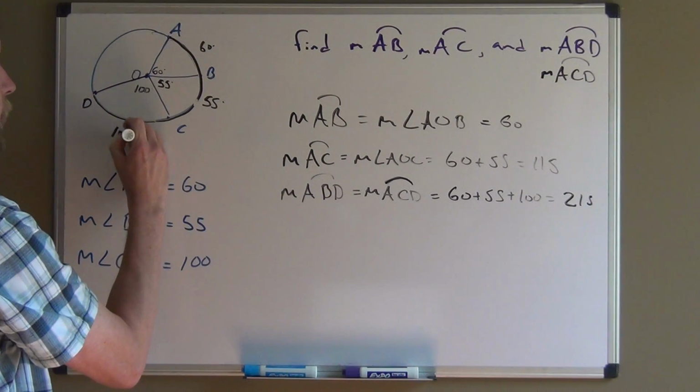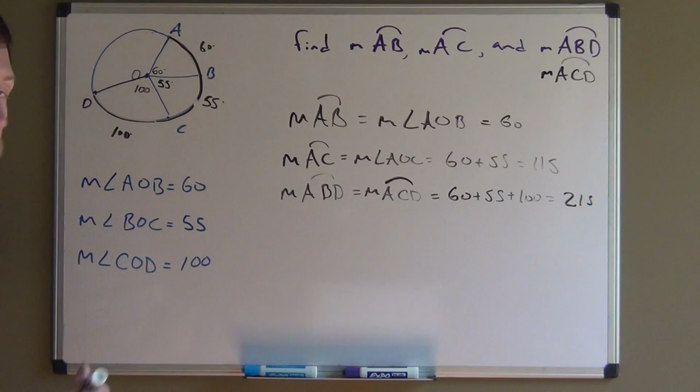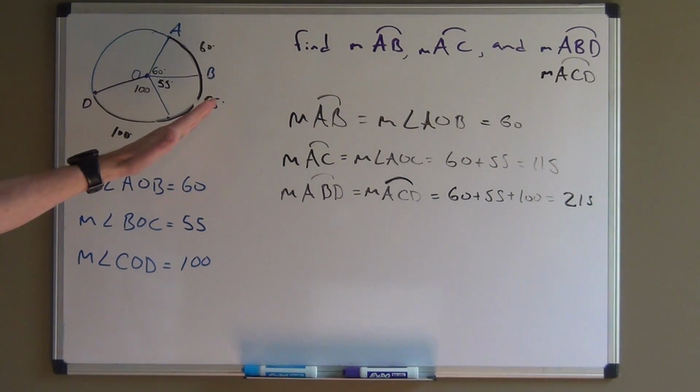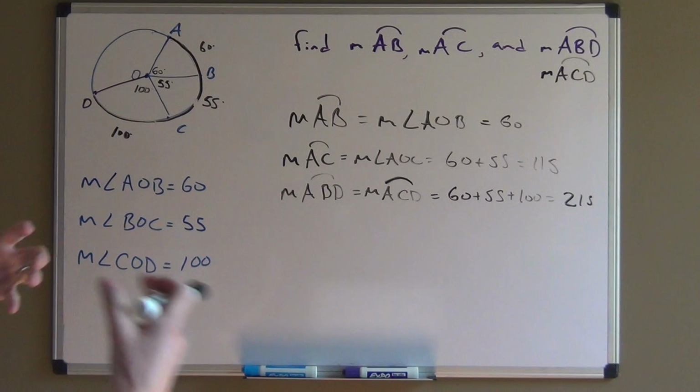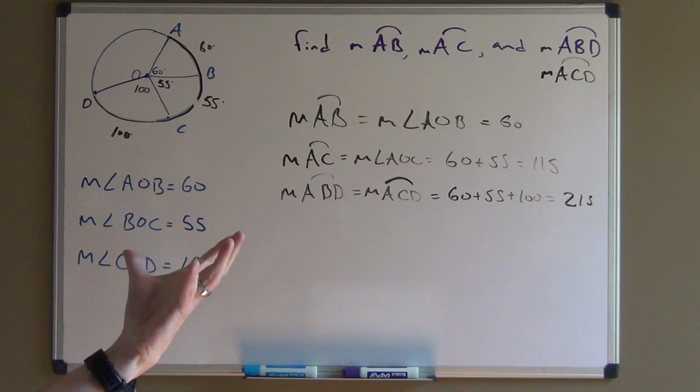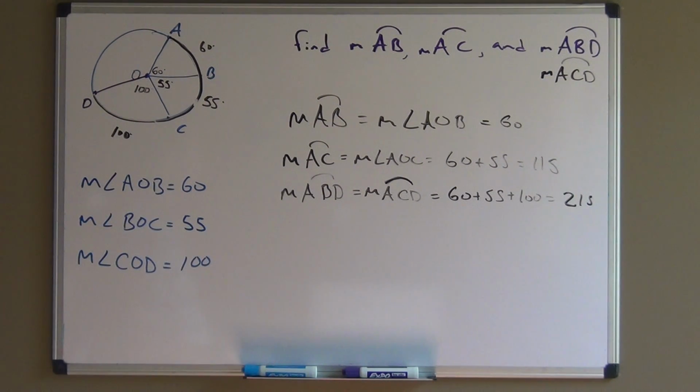Alright, if we know the measure of the central angle, then we know the measure of the arc. If we know the measure of the arc, then we know the measure of the central angle. If we know the measure of this whole piece, then we can subtract off part of it to find the measure of the other part. And so we can use the arc addition postulate just like we use the angle addition postulate to find the measures of arcs.